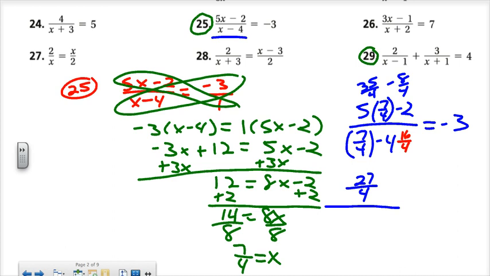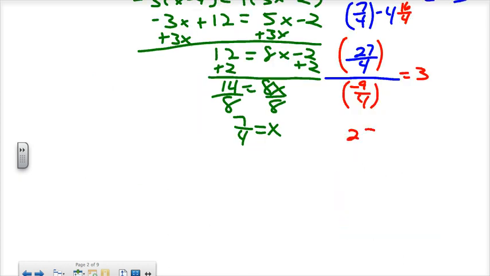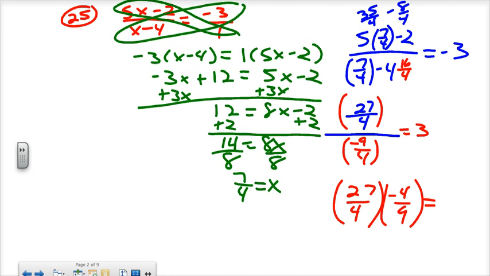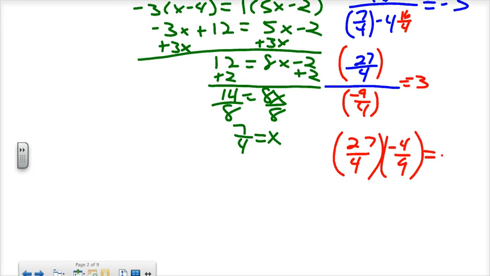So if we have 7 minus 16 over 4, we'll have -9/4. All right, what's next? Well, we need to multiply by the reciprocal because we don't divide fractions. So 27/4 times -4/9 equals, and in this case, it's supposed to be -3 there.